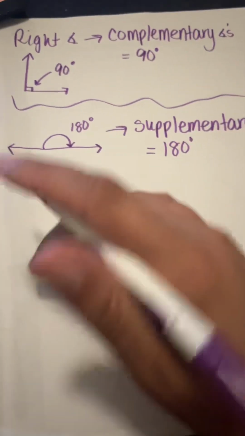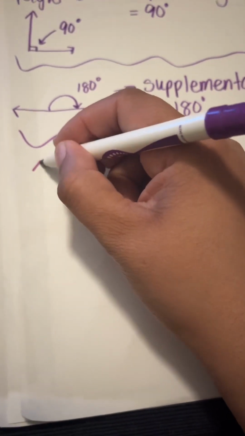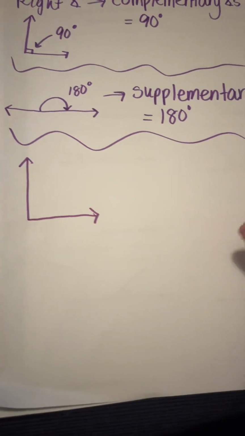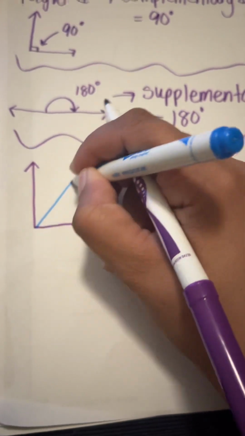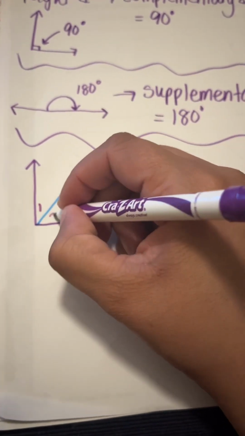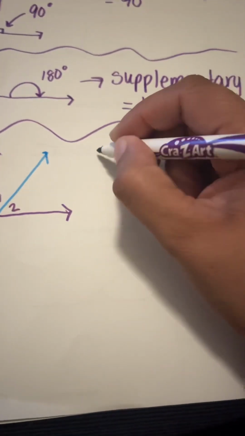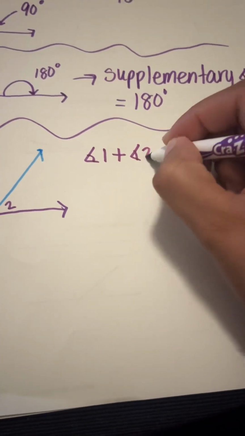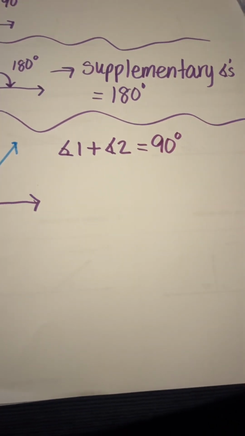Let me show you what that looks like. If I'm giving you two angles, and this is angle 1 and this is angle 2, I am telling you these are complementary angles because angle 1 plus angle 2 has to equal 90 degrees.